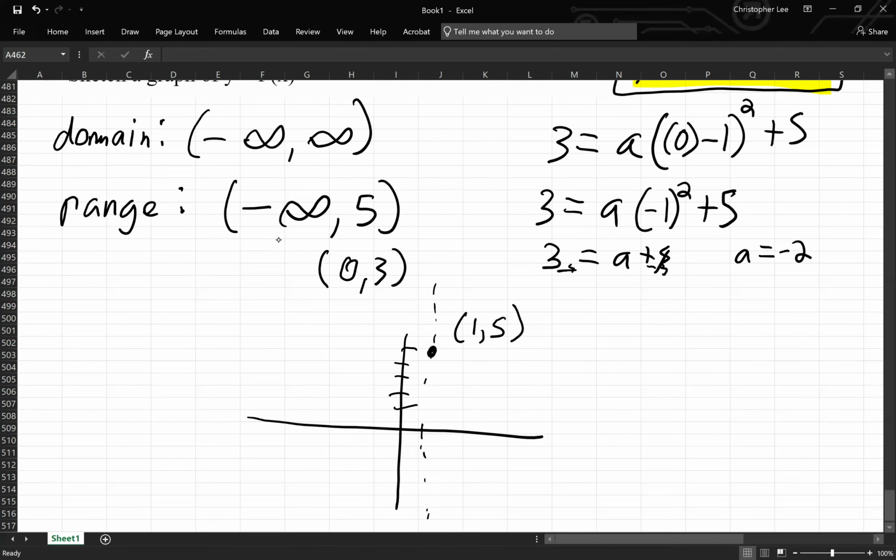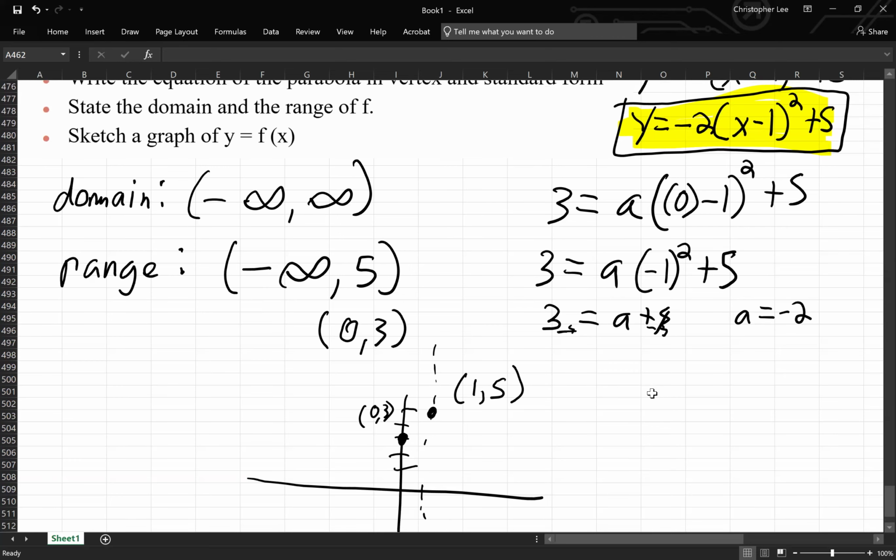But I did find my y-intercept, (0, 3). Notice that I'm labeling my points. I want you to label your points too. Don't just give me a drawing. Label your points.